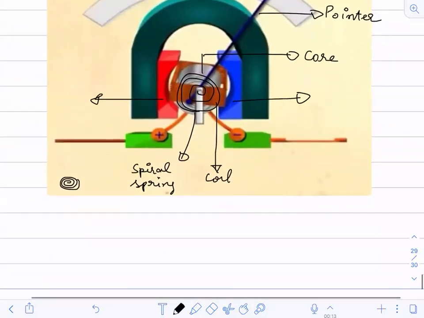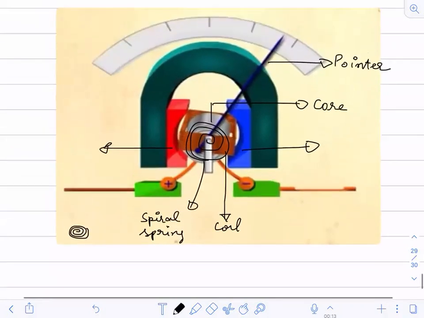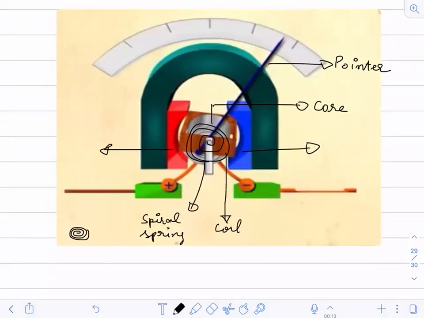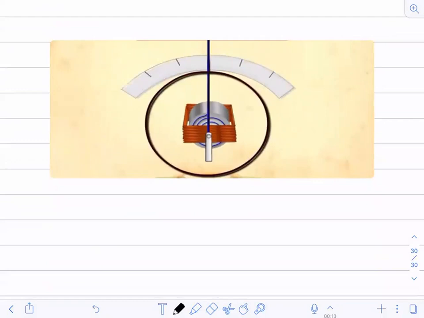Just see here. What will happen now? There will be a magnetic field.